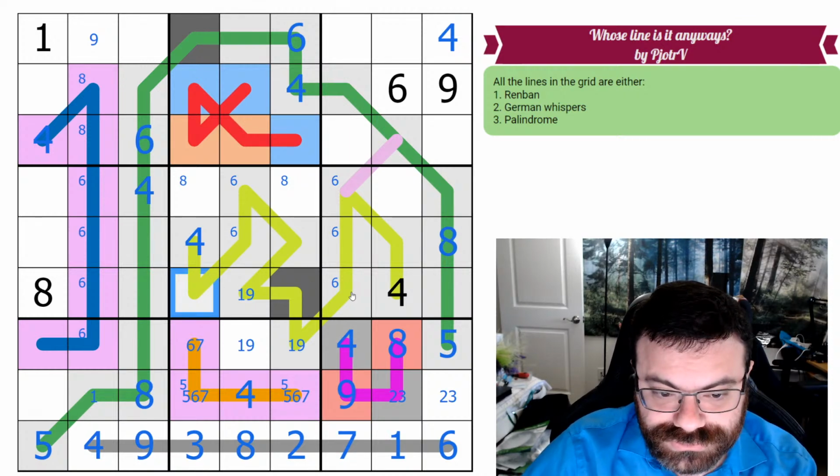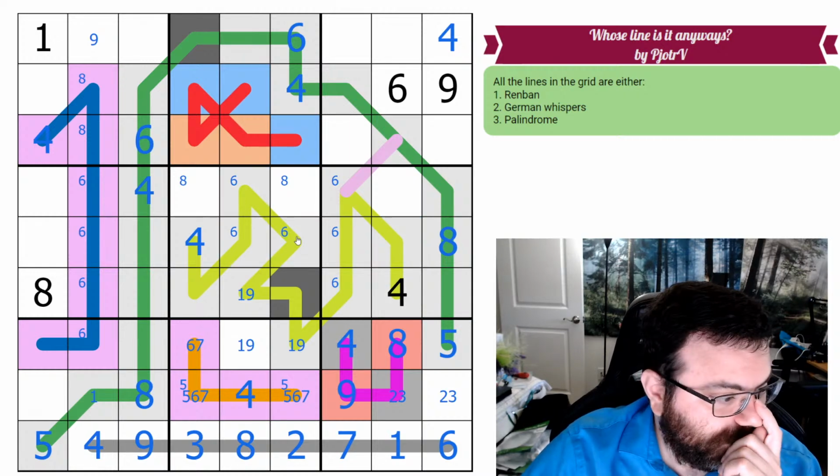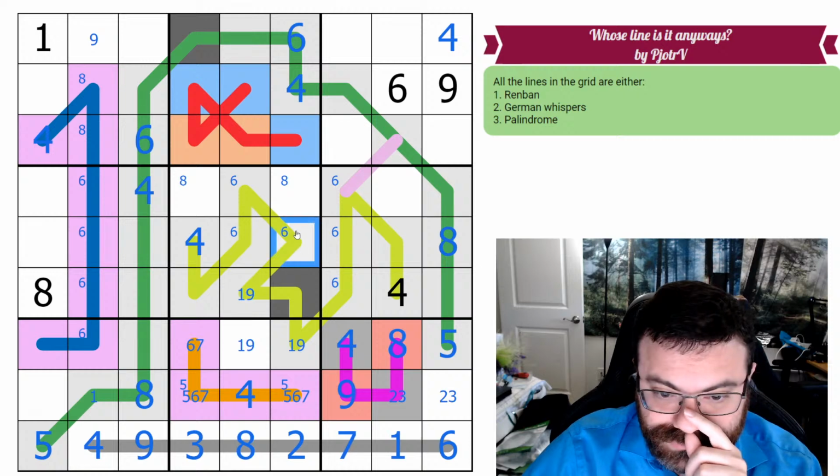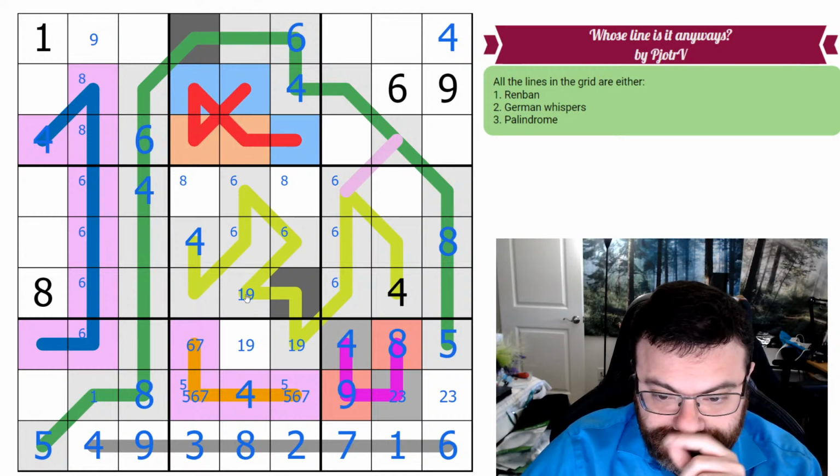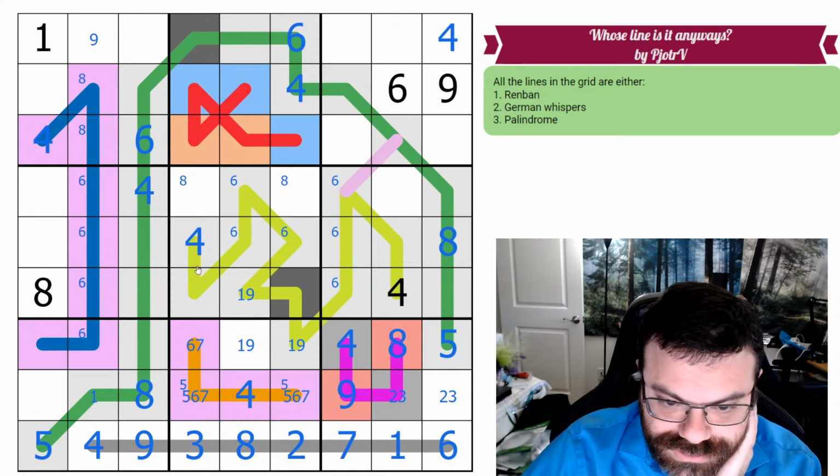Oh. This is incorrect. That goes here. I don't see how that places a 6, though.